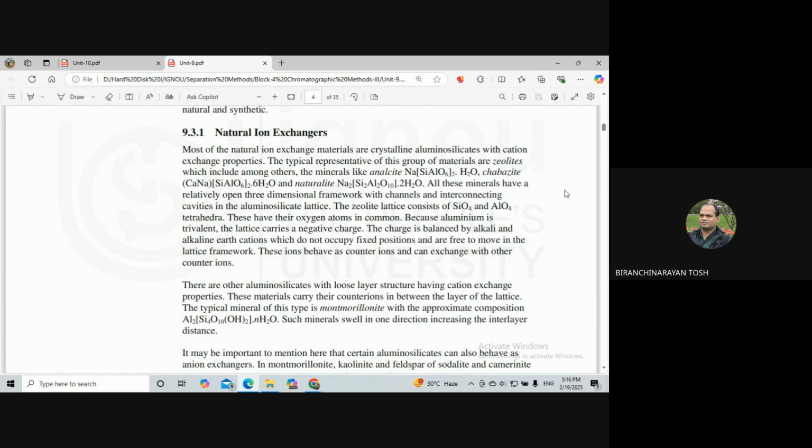All these minerals have a relatively open three-dimensional framework with channels and interconnecting cavities in the aluminosilicate lattice.